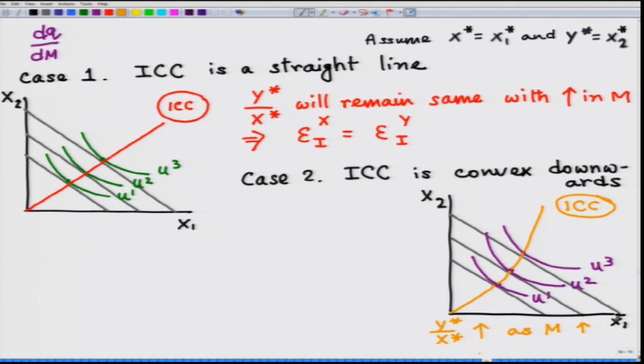So, this has this implication that epsilon yi, the income elasticity of demand of commodity y, is greater than the income elasticity of demand of commodity x.